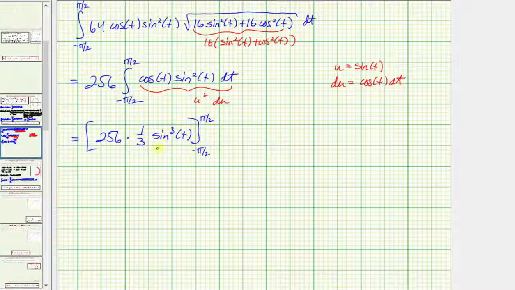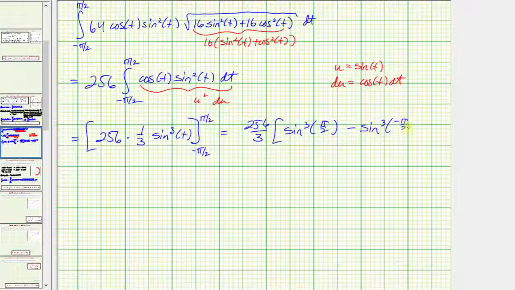Now we need to find big F of b minus big F of a. So we'll have 256 divided by 3 times, when t is equal to pi over 2, we have sine cubed pi over 2 minus, when t equals negative pi divided by 2, we have sine cubed negative pi over 2. So we have 256 thirds times the quantity.